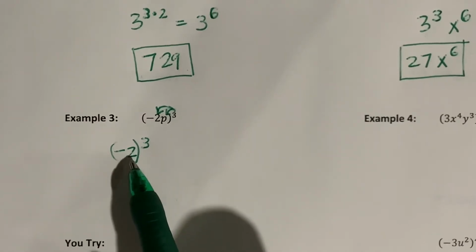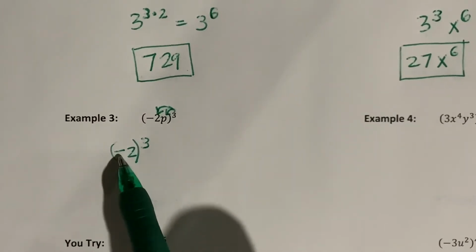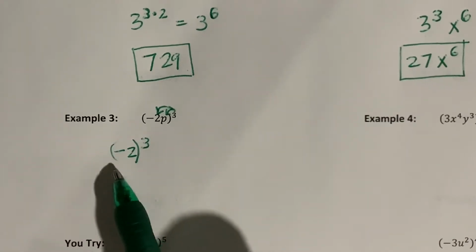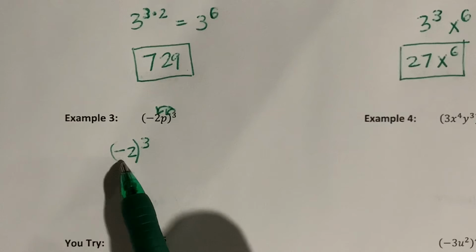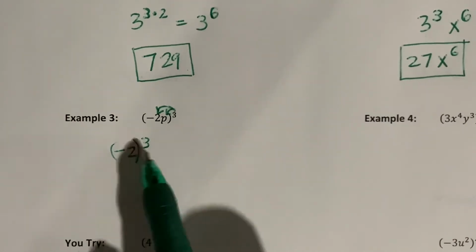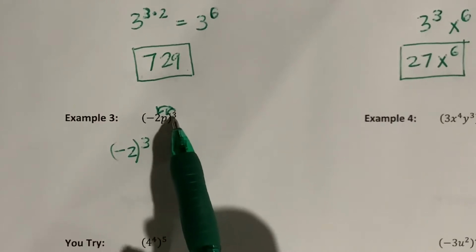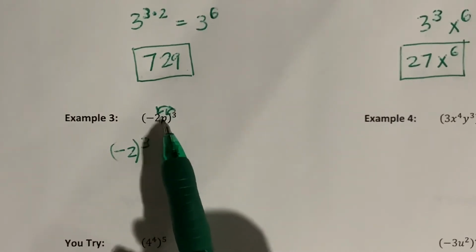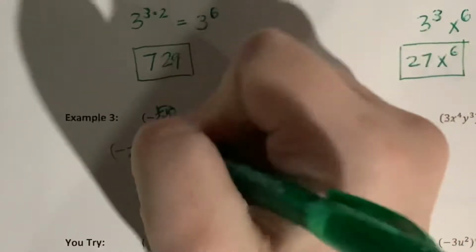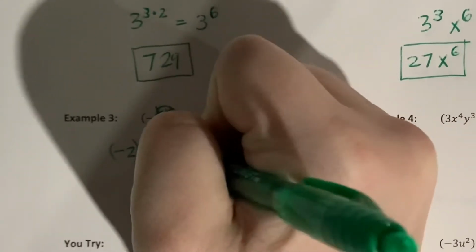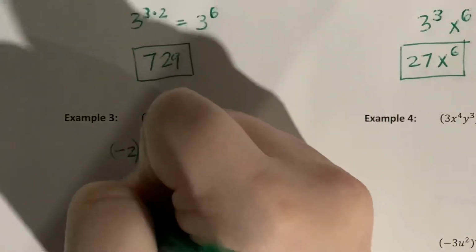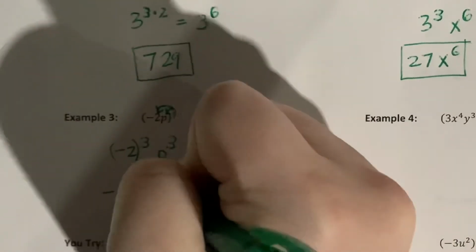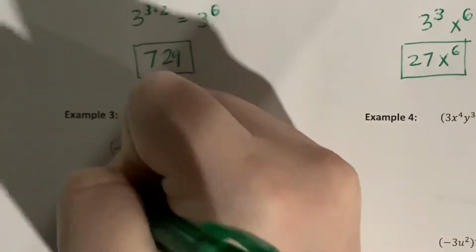Your calculator will do 2 raised to the third power, and then it will attach the negative. We want to cube this whole number, -2. We want to do -2 times -2 times -2, -2 to the third power. I also have to distribute the third power to the p, so here I'll end up with p to the third. I can do -2 to the third power in my calculator, and I'll get -8 p to the third.